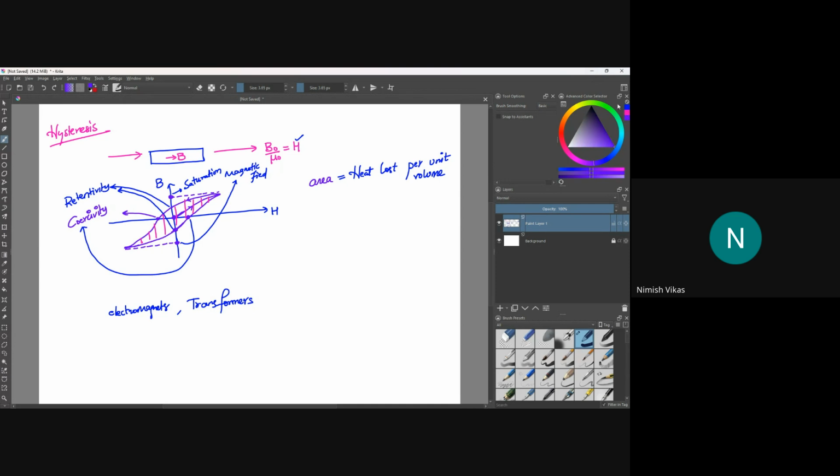And whenever we change the direction of current and the field produced by that current, we don't want a lot of heat to get released. So we will ensure that the material's BH graph is very, very thin.